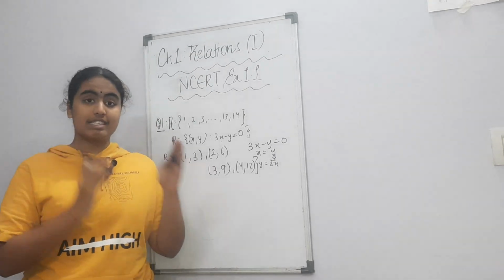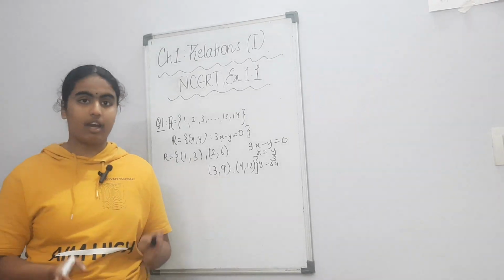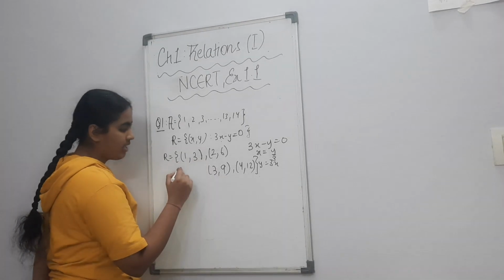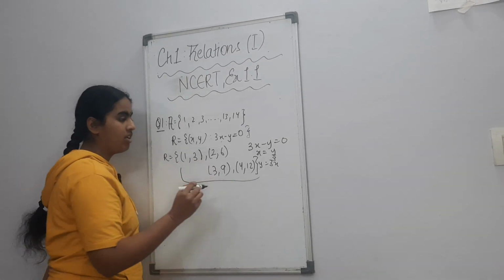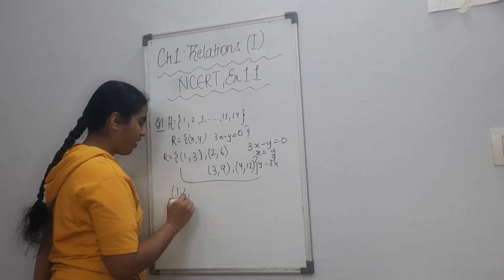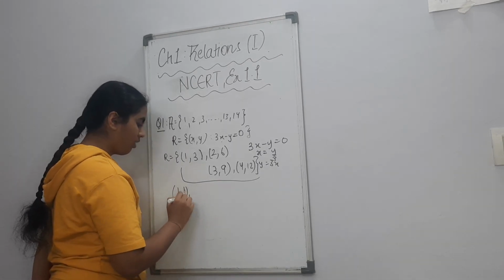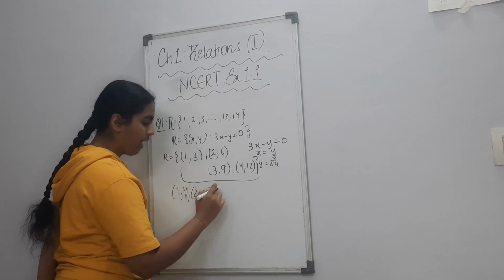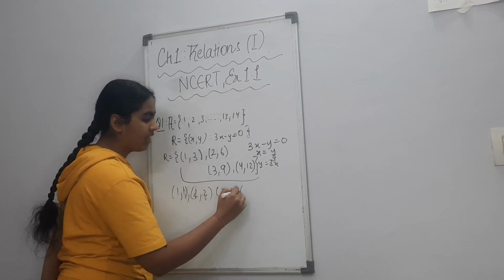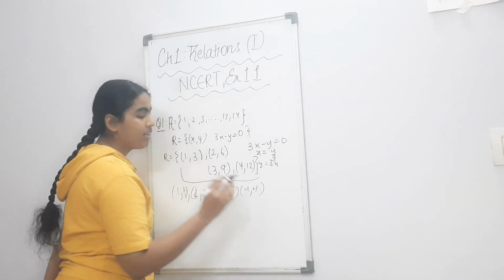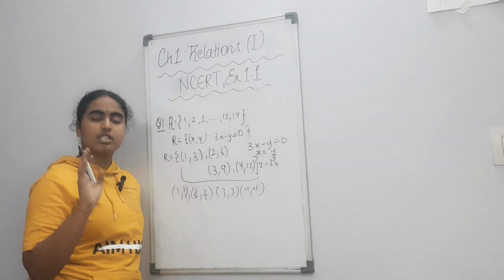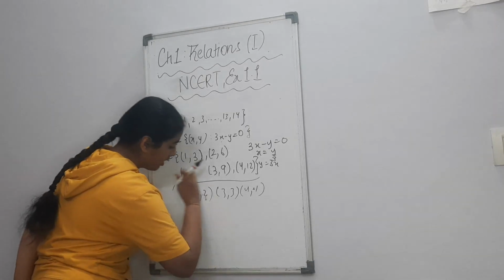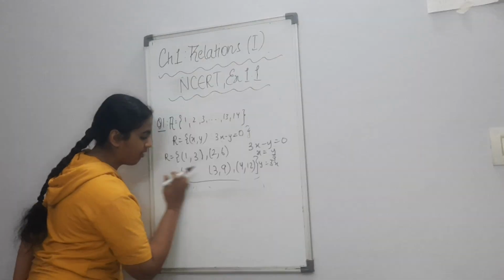We check if the same element ordered pair is in our relation. If you can see in this relation, neither 1 comma 1, nor 2 comma 2, nor 3 comma 3 are present, neither 4 comma 4. None of the same ordered pairs are present in this relation. That denies it being reflexive.